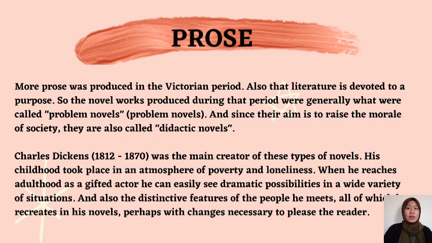His childhood took place in an atmosphere of poverty and loneliness. When he reached adulthood as a gifted actor, he could easily see dramatic possibilities in a wide variety of situations, and also the distinctive features of the people he met, all of which he recreated in his novels, perhaps with charms necessary to please the reader.